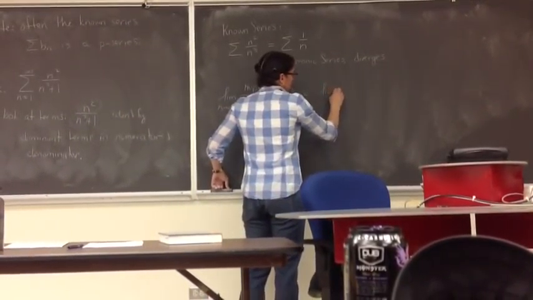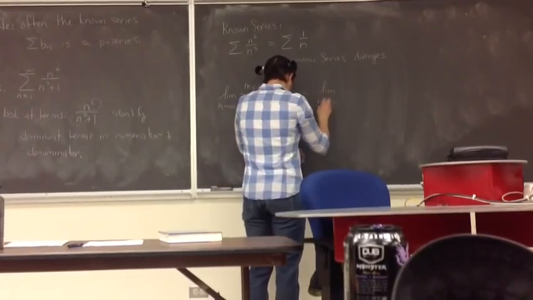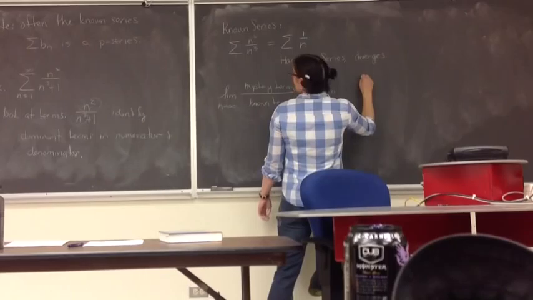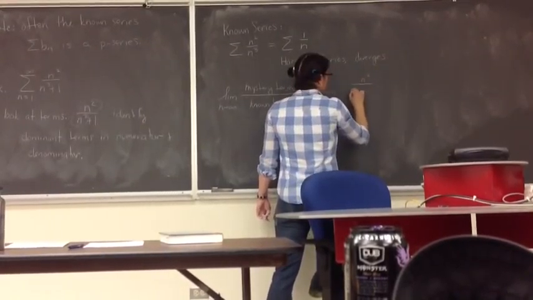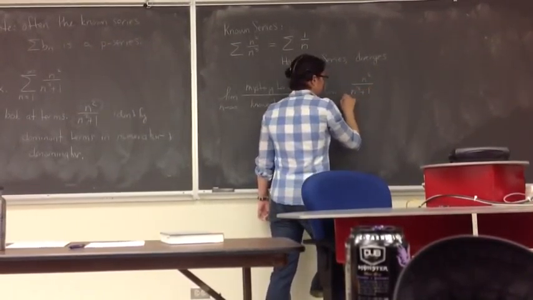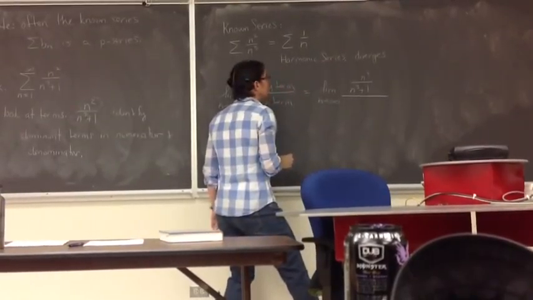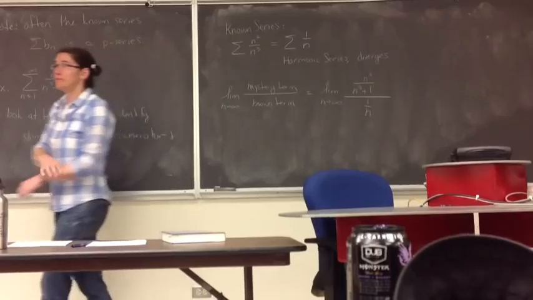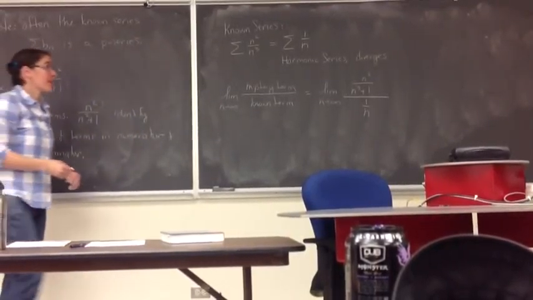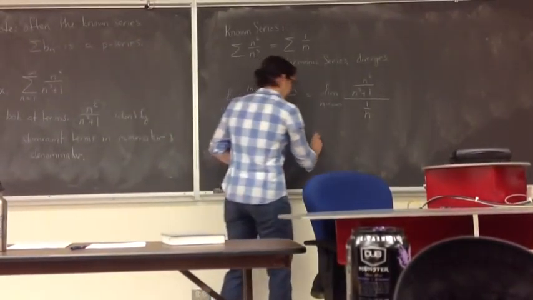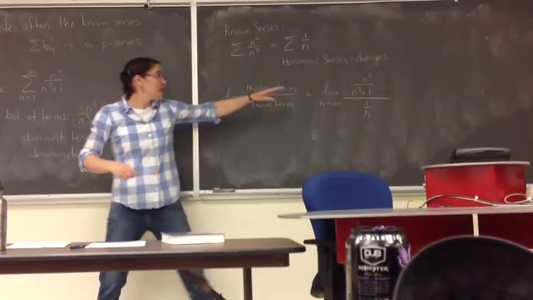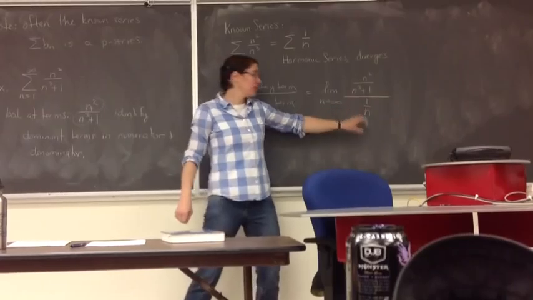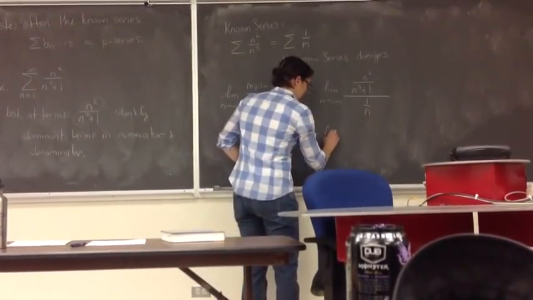So we'll have the limit as n approaches infinity of n squared over n cubed plus 1 divided by 1 over n. So I've taken my mystery term divided by my known terms, and now I need to do some simplifying.